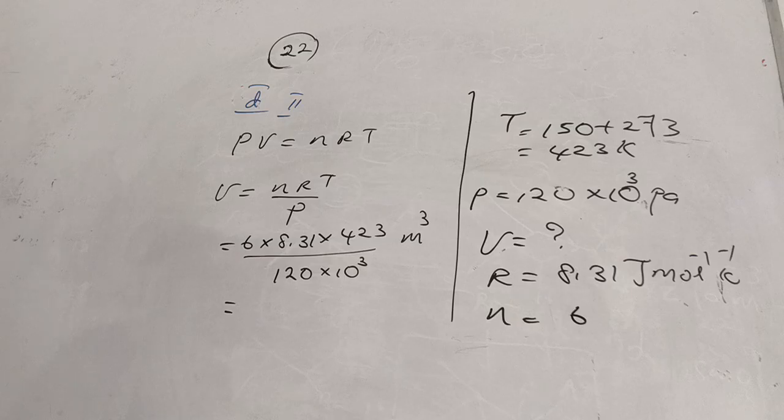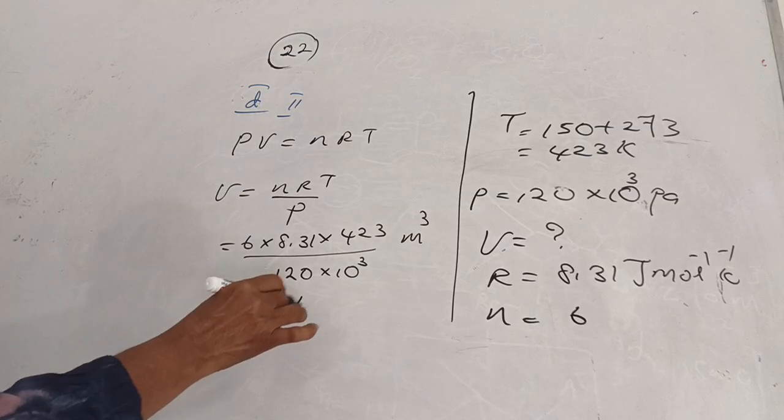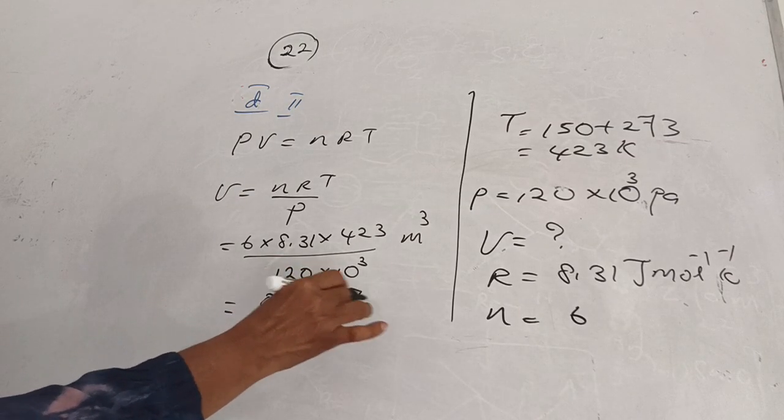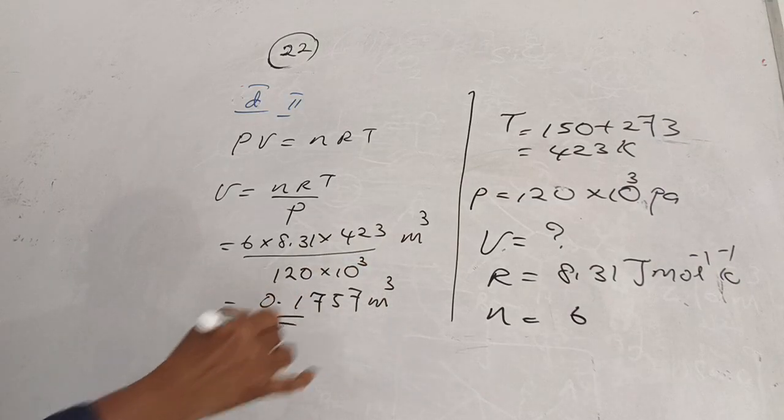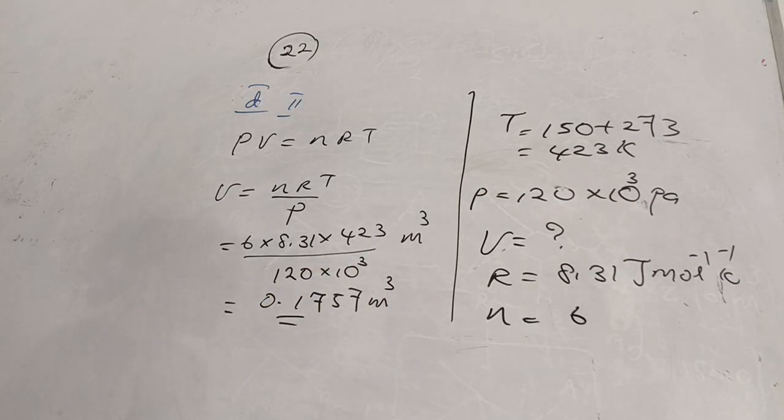So you can simplify to 0.1757 in meter cube. As it is not asked regarding the units, you can leave the answer as meter cube. We came to the end of question number 22.